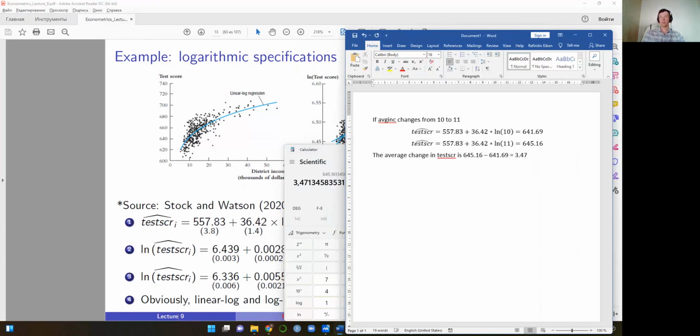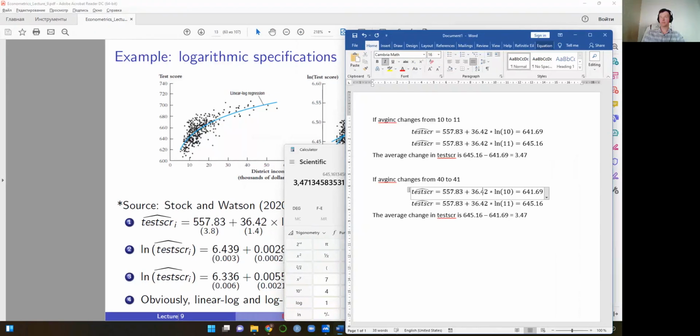Now, if average income changes from 40 to 41, we recalculate these two expressions.